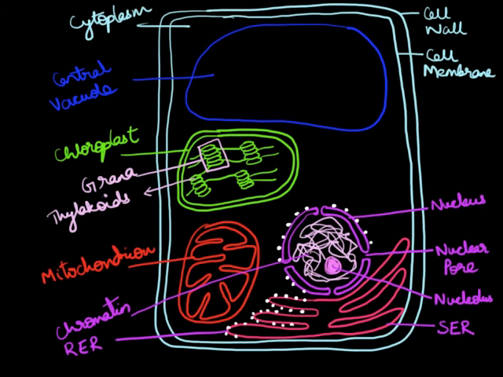Another organelle that is seen is the Golgi apparatus. So it is another kind of set of membranes, but it is slightly different from the endoplasmic reticulum. So the Golgi body is drawn like this. So first draw two lines parallel to each other like this, and then at the end draw a bulb sort of shape.